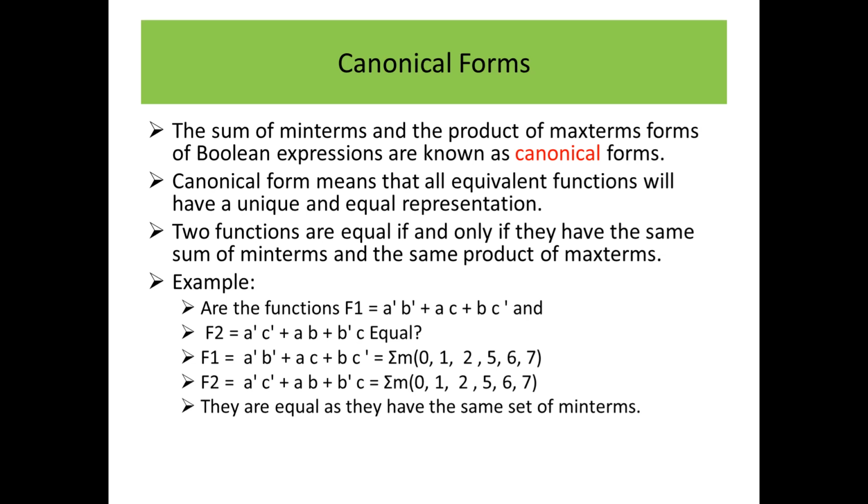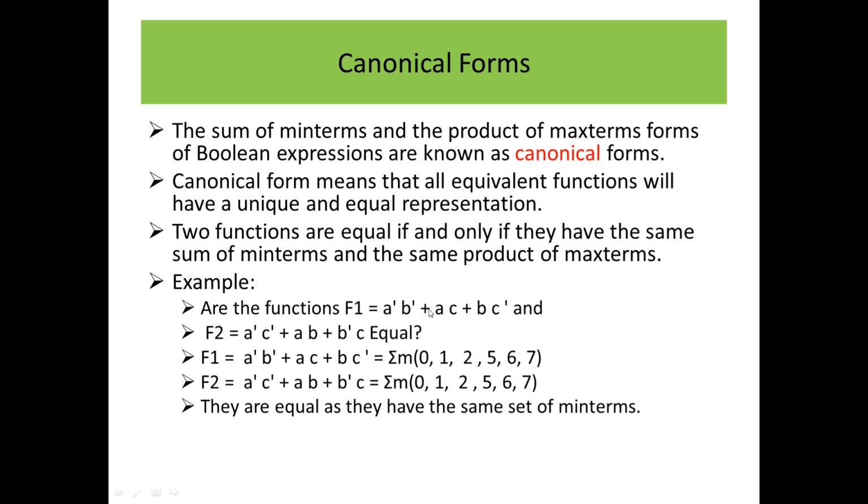So canonical expressions can be of two types: sum of product terms or product of sum terms. SOP or POS, these are the two forms of canonical. Two functions are said to be equal if and only if they have the same sum of minterms and the same product of maxterms.